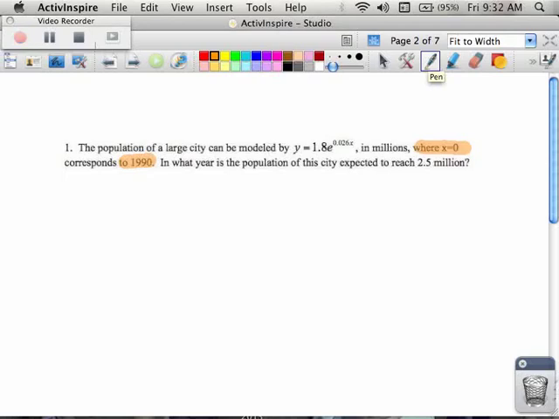So the way you start out this problem is you set the 2.5 million for the population equal to your equation, 1.8 e to the 0.026x. Now, I'm not going to do this because I assume that all of you know how to do this. I'm going to talk about it, and then I'm going to do it algebraically. But you can always solve these equations on your calculator.